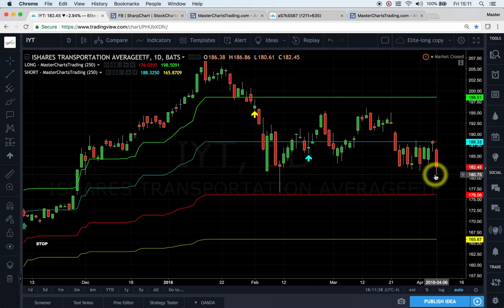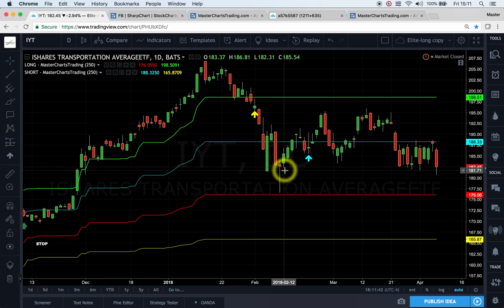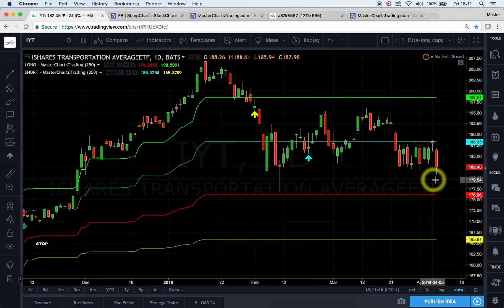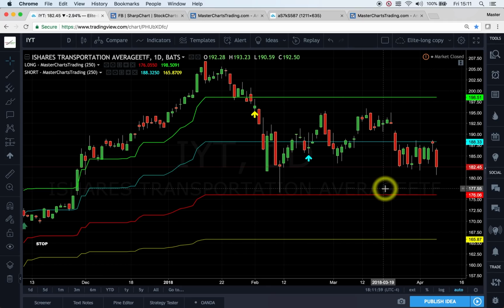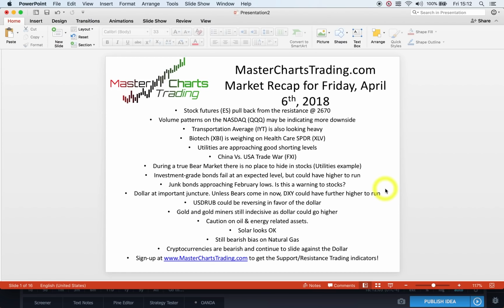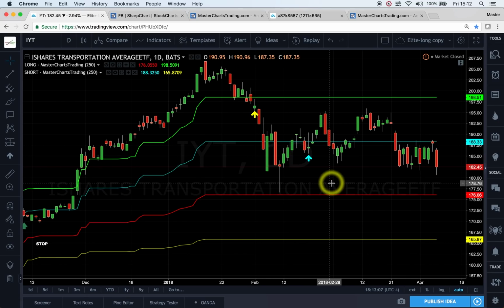But additionally, we made a lower low relative to at least going back to the February 12th. So this particular chart kind of worries me, and I think we could easily see a continuation lower to at least 176. So I'm a little bit hesitant to recommend any transportation stocks currently, especially after this latest selling.